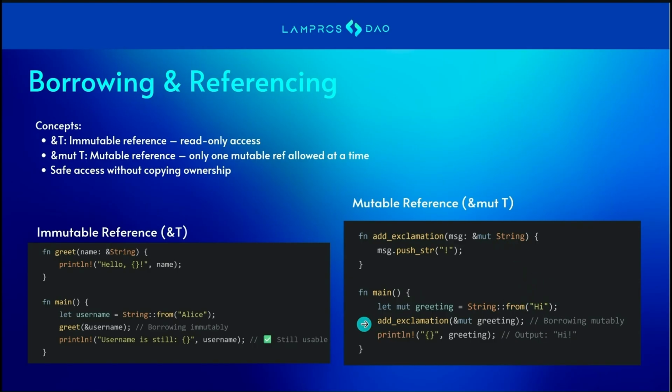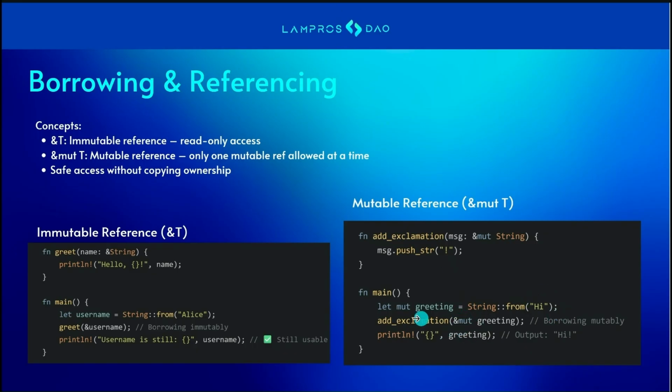Okay, so as you can see, we have passed this greeting variable, which is holding hi, to another function called add underscore exclamation with the ampersand and mut sign. These two have different meanings. Here the ampersand's meaning is different, and the mut keyword's meaning is also different. So what is the meaning of ampersand?